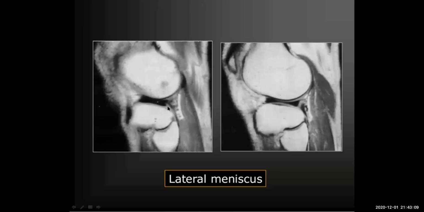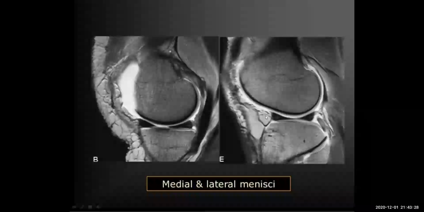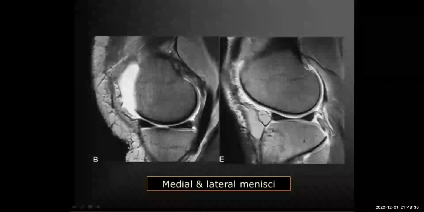The more lateral you go, you will find it like one fibrocartilage disc. But when the cut goes by, then we find a typical anterior and posterior distribution. Okay, so this is how the menisci look, and how the blood supply looks.